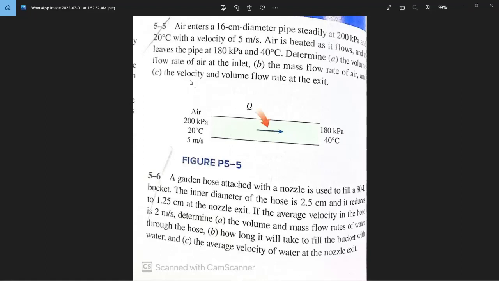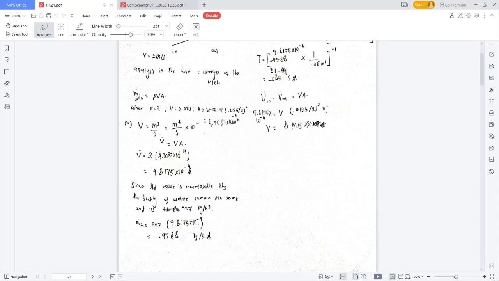The second part of A asks about the mass flow rate. This is the conventional formula for mass flow rate: mass flow rate equals rho times V times A, which equals rho times the volume flow rate, which we denote as V dot. We don't know the rho of the water at the inlet, but since the water is incompressible, the density of the water remains the same, and its value will be 997 kg per meter cubed.